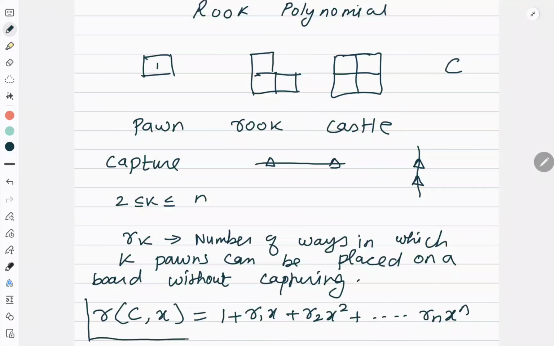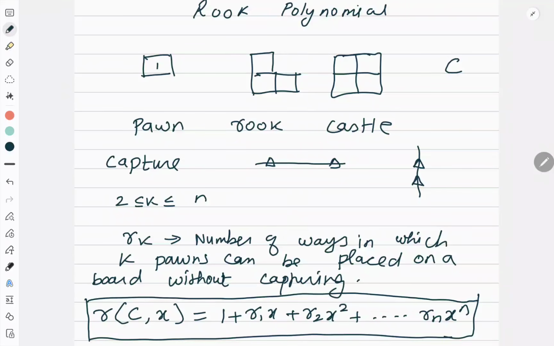Now this is called the Rook polynomial, which we will be finding out in all the questions as per the given board. Now what is the meaning of this R1? As per the definition, the number of ways one pawn can be placed. R2 means number of ways two pawns can be placed. Rn means number of ways n pawns can be placed.